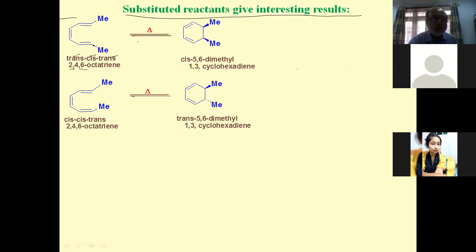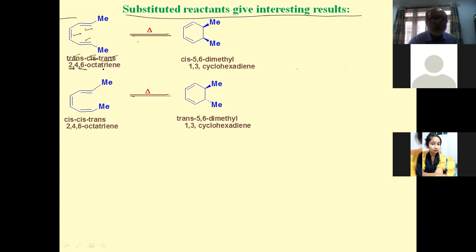This is 8: 1, 2, 3, 4, 5, 6, 7, 8. Why is it trans, cis, trans? This methyl group and this group are trans. This double bond is in the trans configuration, this one in the cis configuration, and this one is again in the trans configuration. So the name is trans, cis, trans. This is 2, this is 4, this is 6.